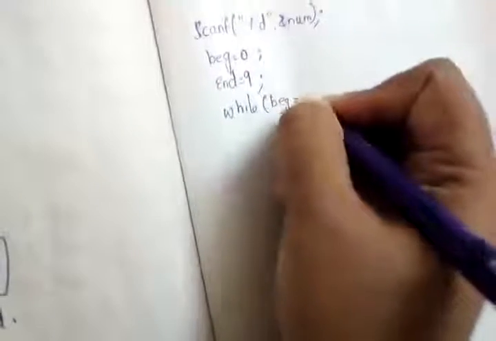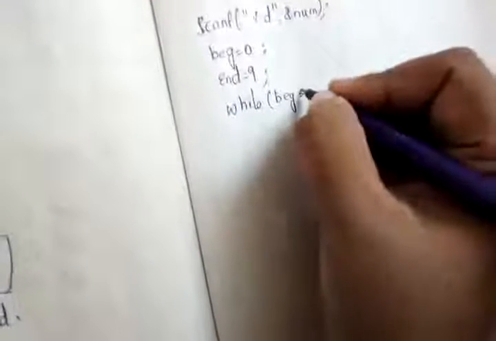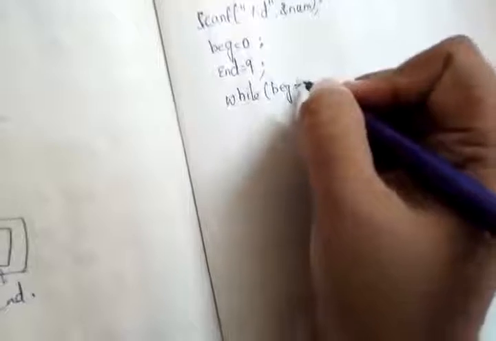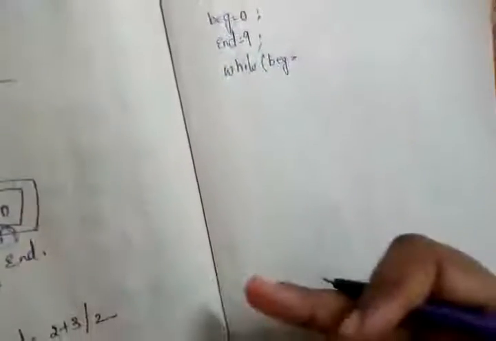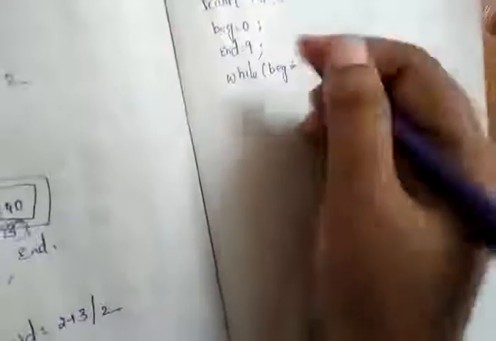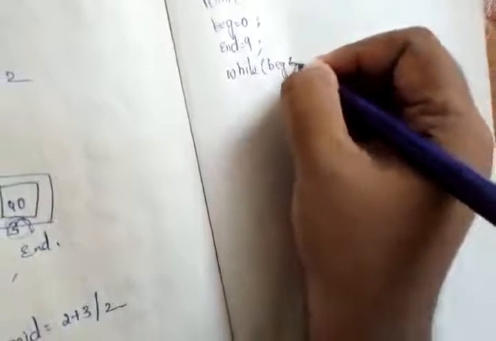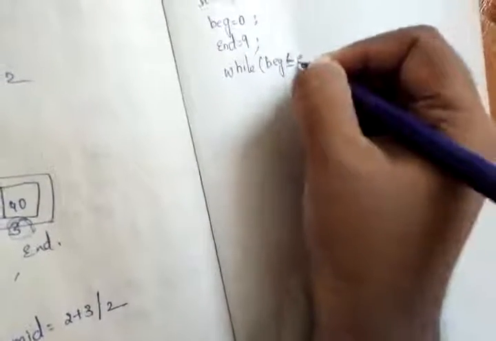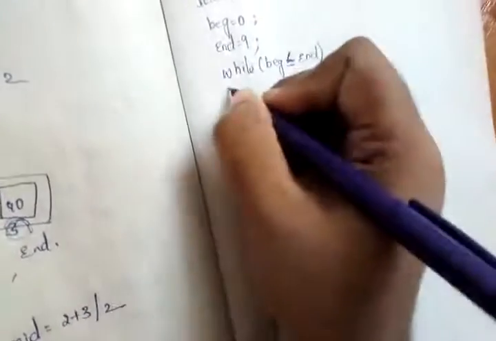So while beginning greater than... so when it becomes greater than, we need to stop looping. So while beginning is less than or equal to end, until it is less than or equal to end, we need to repeat. Once this condition fails, that is beginning greater than end, then we'll stop our iteration.